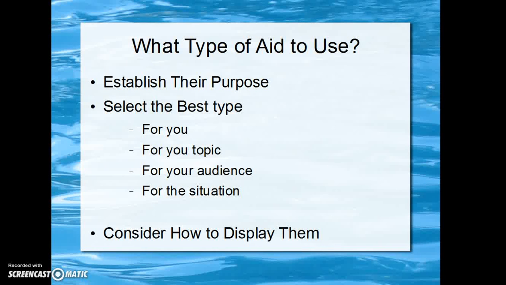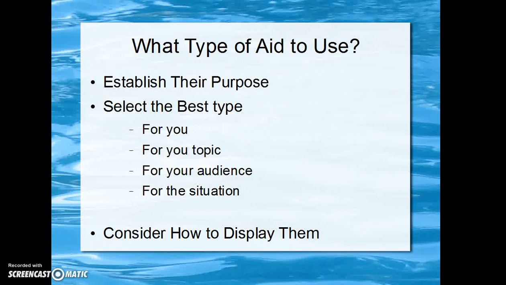Something else that is very important to take into consideration when you're choosing your visual aid is what is available for how you display them. If you're going to have a visual aid that requires multimedia, a PowerPoint presentation for example, you have to have a way of showing that presentation to the audience that will allow them to be able to see the visual aid and understand what's going on.